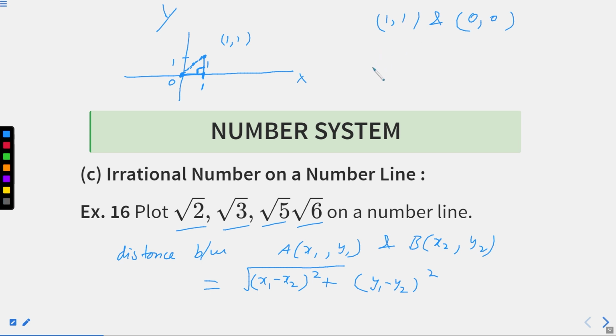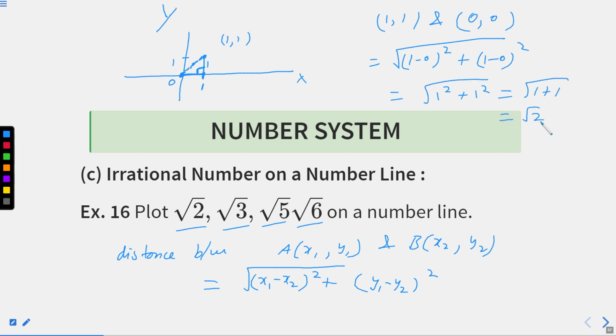So here distance is equal to root of (1 minus 0) whole square plus (1 minus 0) whole square, which is 1 square plus 1 square, which is 1 plus 1, which is root 2. So this distance is equal to root 2.